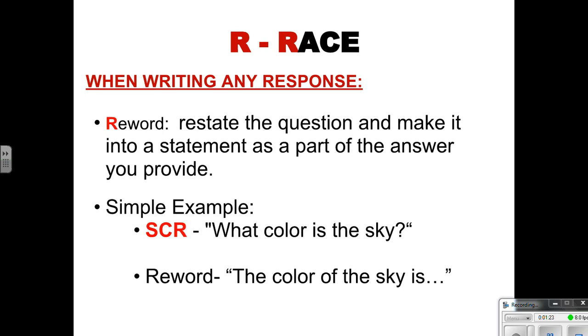So for example, the topic question: what color is the sky? To restate it, I say, the color of the sky is blah, blah, blah, red. Of course, it's not red, it's blue. But if I want to say it's red, I better have some textual evidence to prove it.